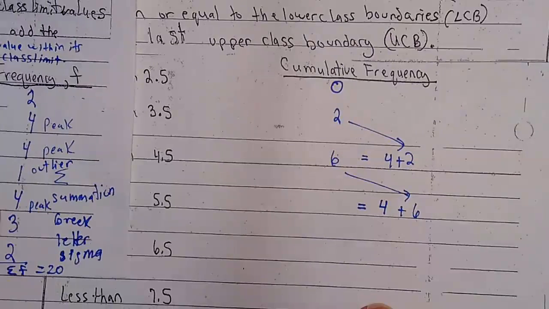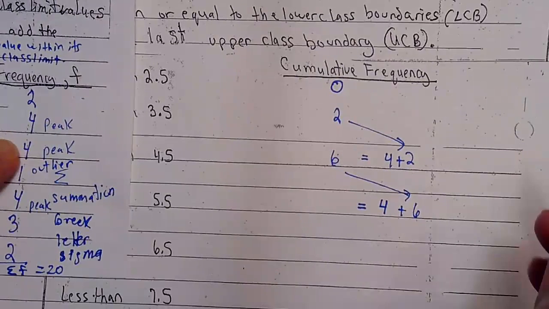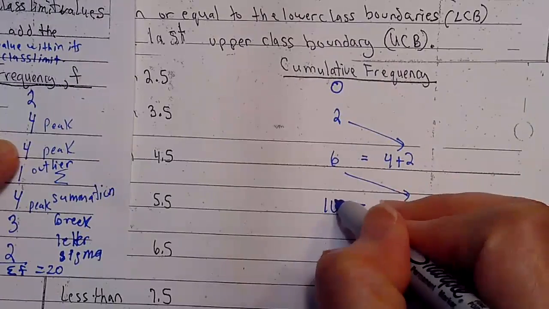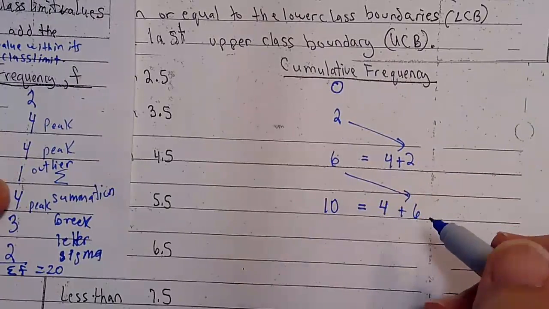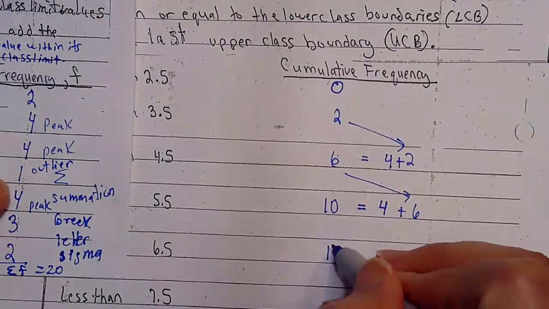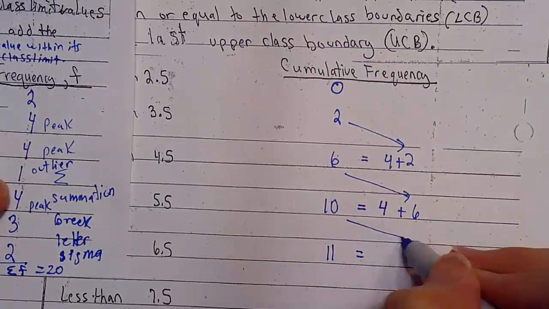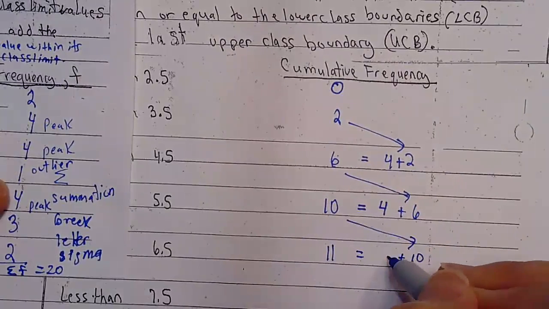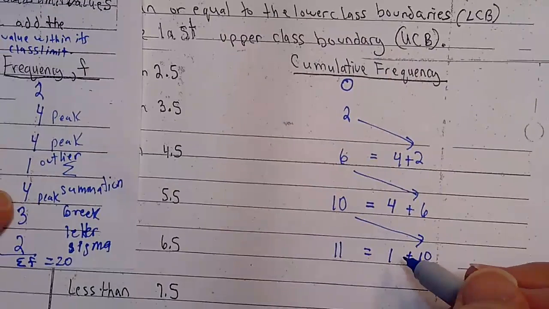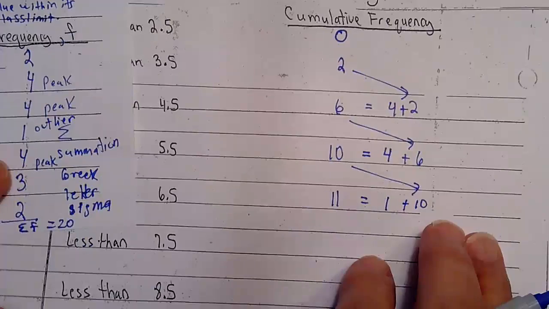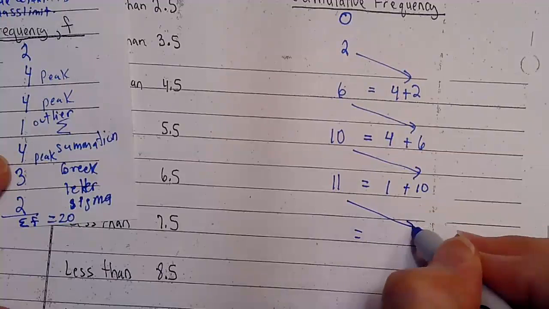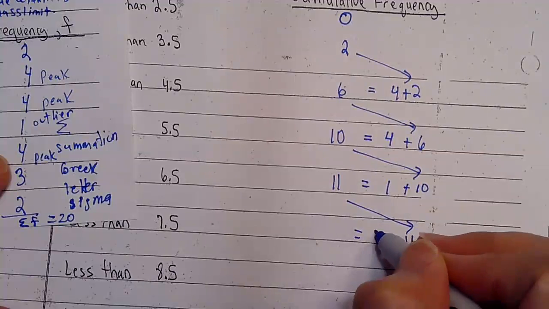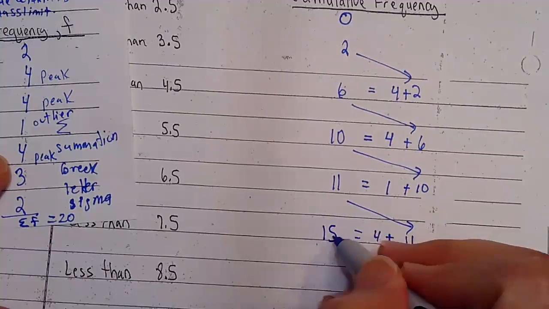Okay, so you can talk about this 4 here. So 6 and 4 is 10. Okay, then you're going to add 1 to 10. So that gives you 11. So that's that 10 plus that 1. Okay, now I'm going to add 4 to that. So I'm going to have 11 plus 4, which is 15.